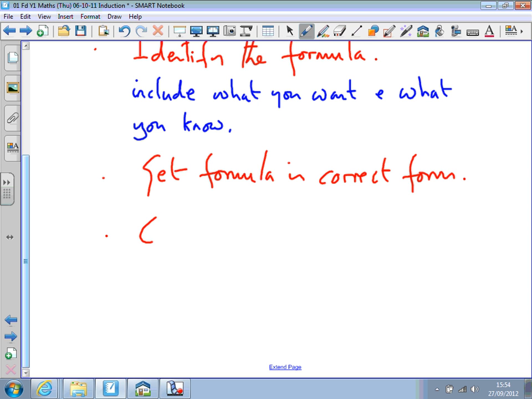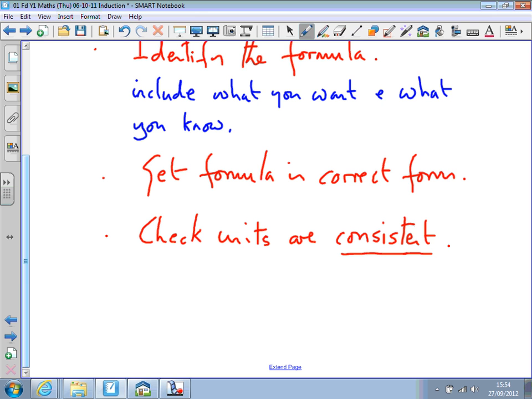Next, check units are consistent. And I fell into that trap this morning, didn't I? We had millimetres for the diameter, but newtons per square metre for the stress, so I needed to do some conversions to make the units consistent.